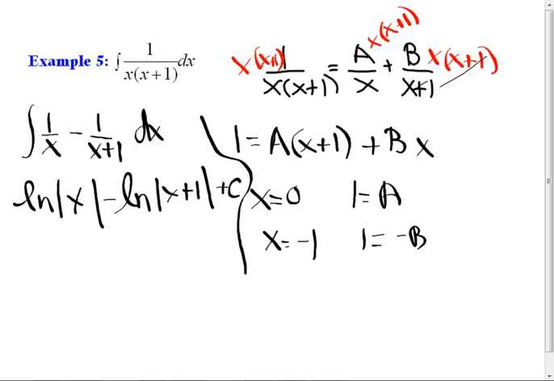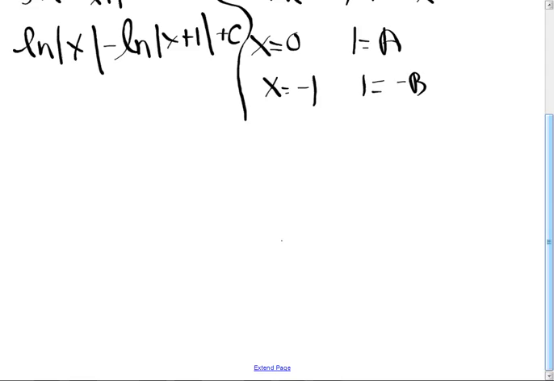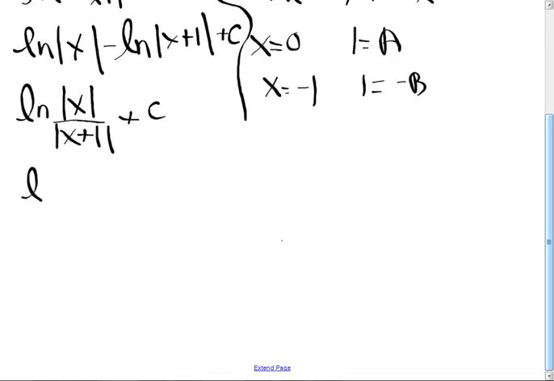They're going to use properties of logs and change it. I know because I've seen it. So it's the ln of the absolute value of x over x plus 1. And you guys know that that can be written as the absolute value of the quotient there, plus c. So you can write it this way.